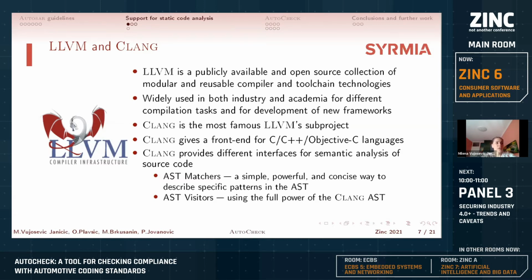Our first important decision was to choose the right interface for the implementation in order to obtain the desired goals concerning efficiency and precision of analysis. So we made thorough experiments.